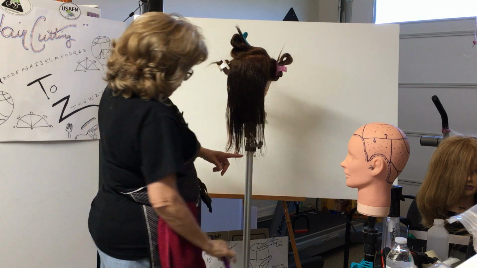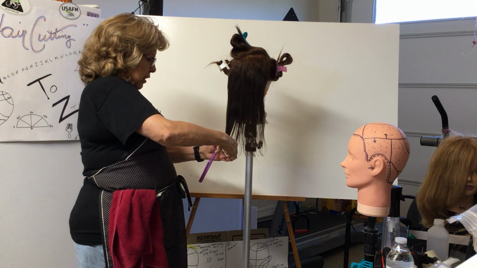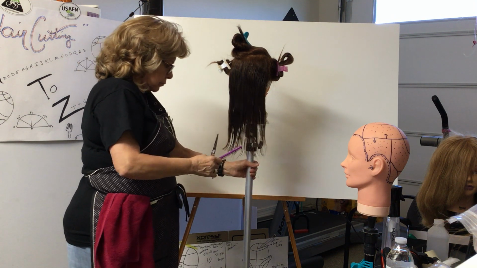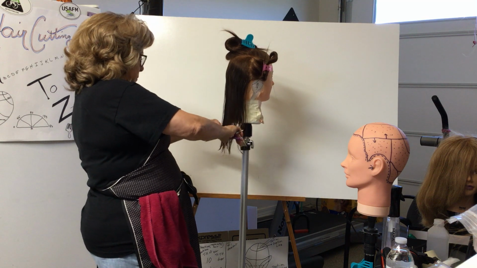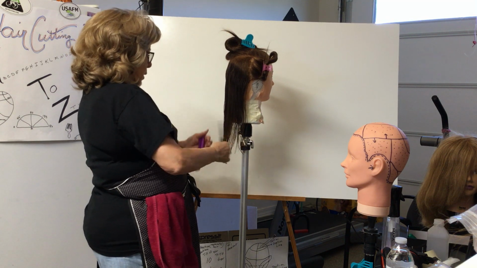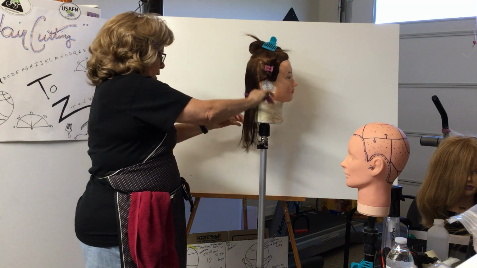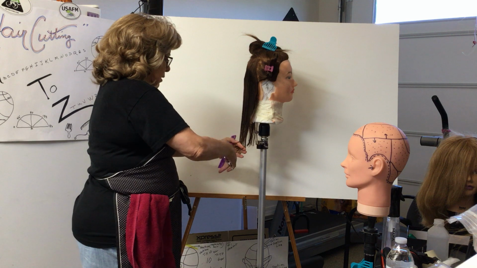And you notice that I don't have much to cut. There's going to be very little to cut, but there's my guide. Turn it around so you can see it. I hope you can see the cut.